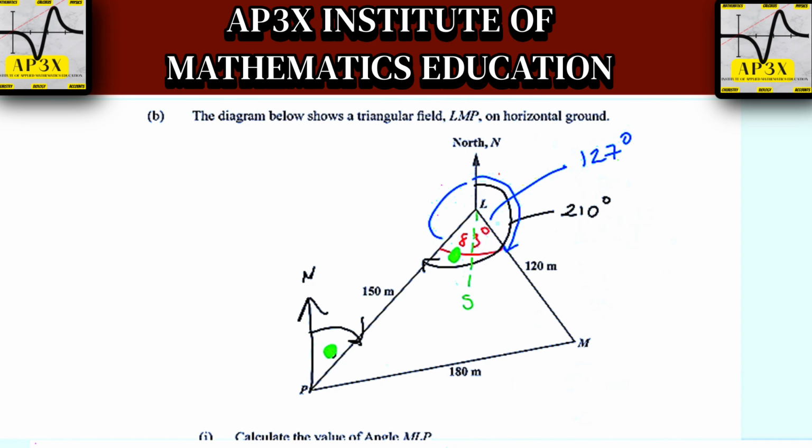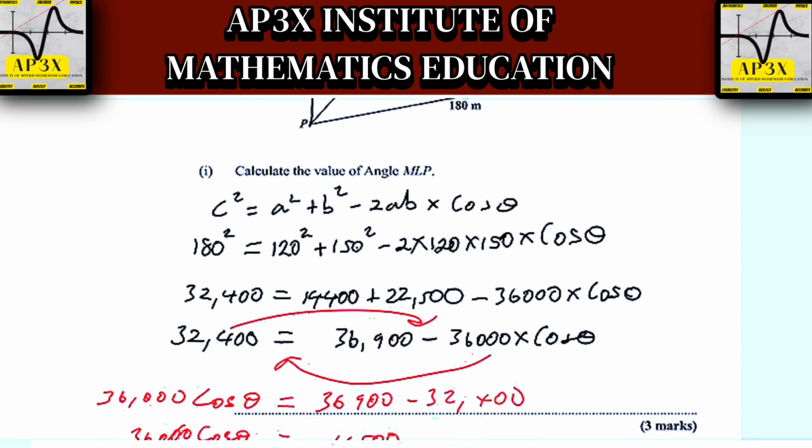So how do we find PLS? Well, since from north to south is 180, and I know that the bearing of P from L is 210, I can subtract the 180 from 210. All right, so that's a nice statement there.